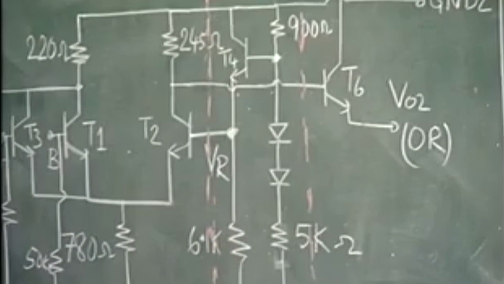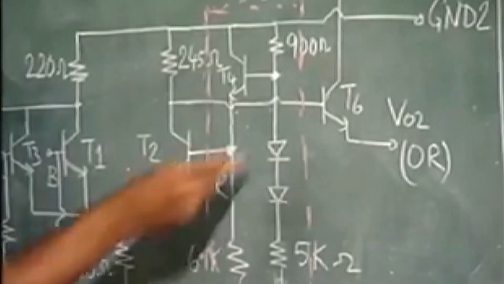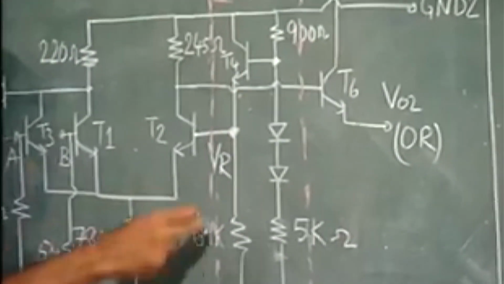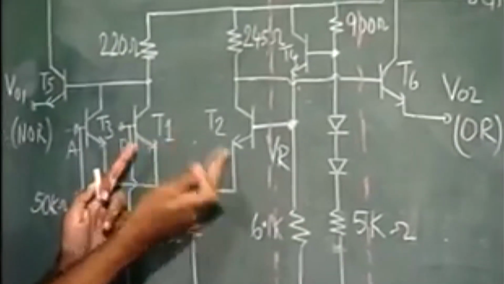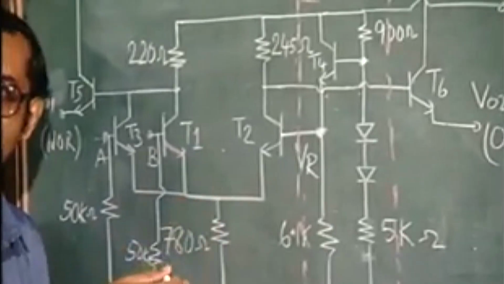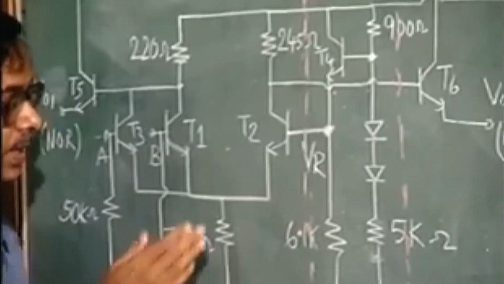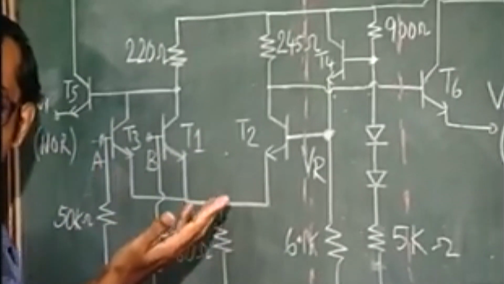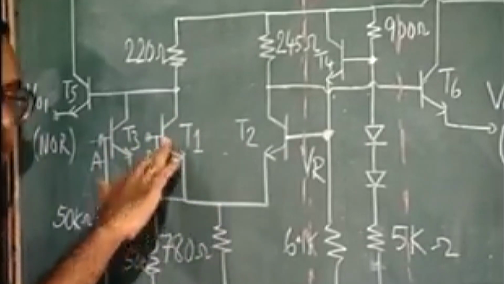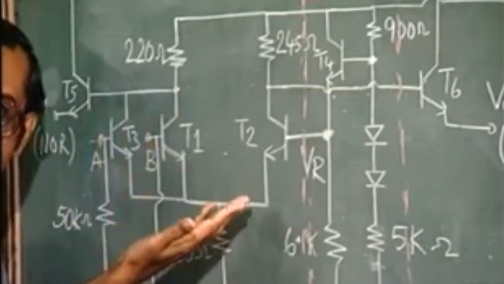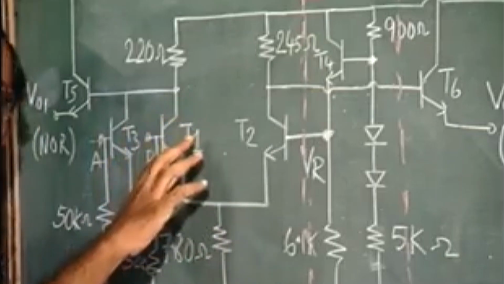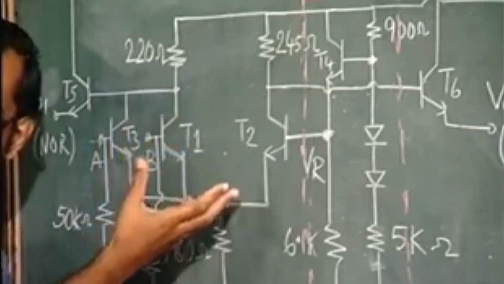The reason for that is like this. If you look at this part of the circuit, for example, this T1 and T2, when the input changes, the current may switch from one branch to the other, but the total current remains more or less fixed.